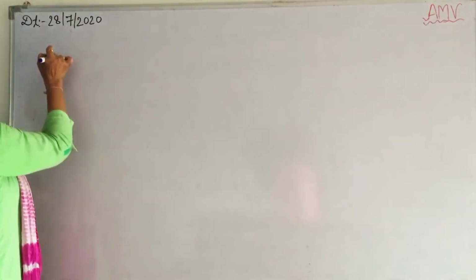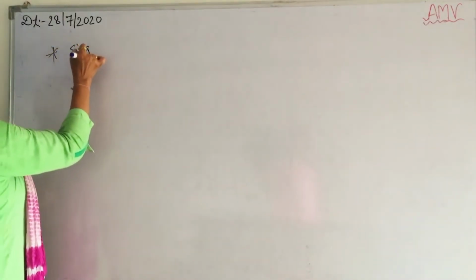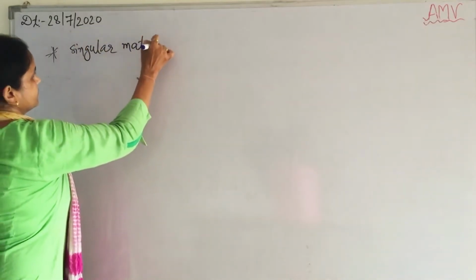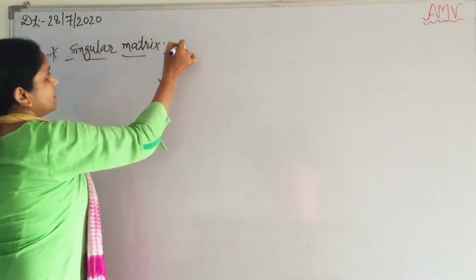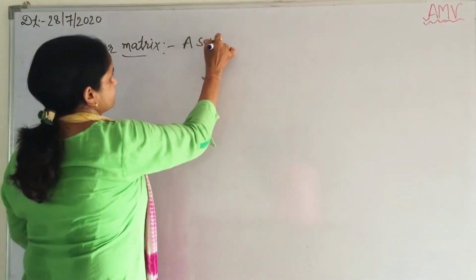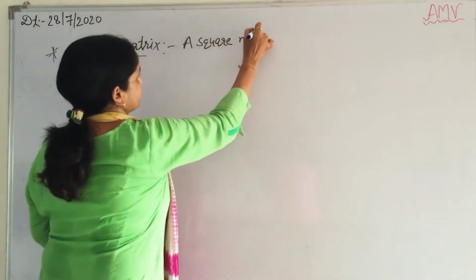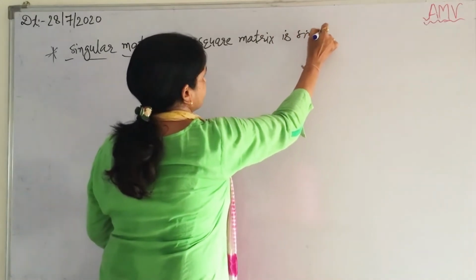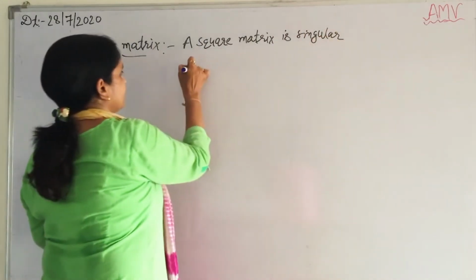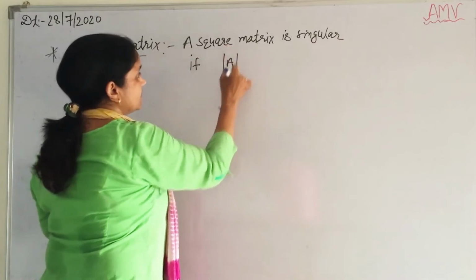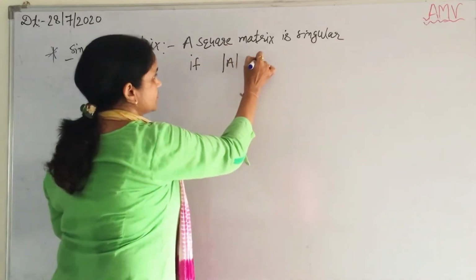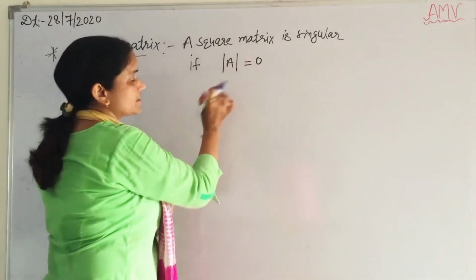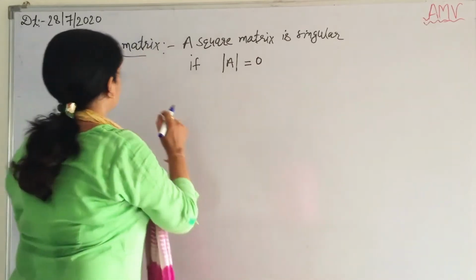Next, singular matrix. A square matrix is singular if its determinant is equal to 0. It means the value of the determinant is equal to 0.